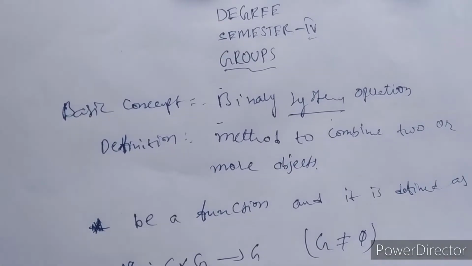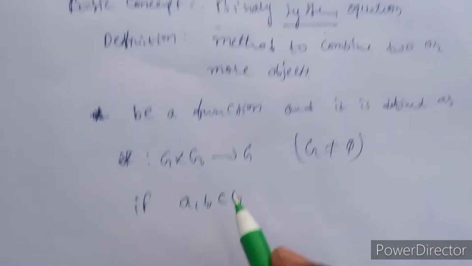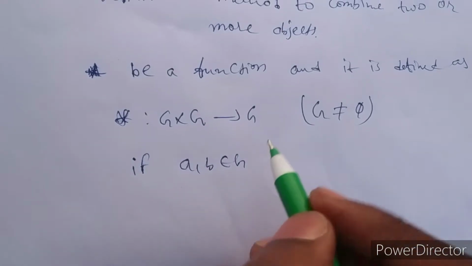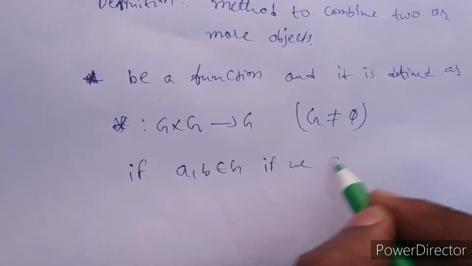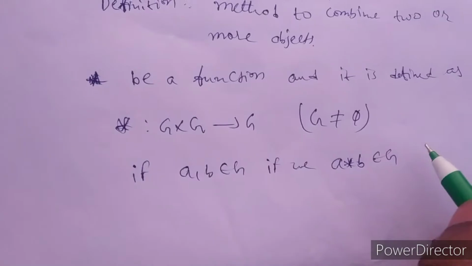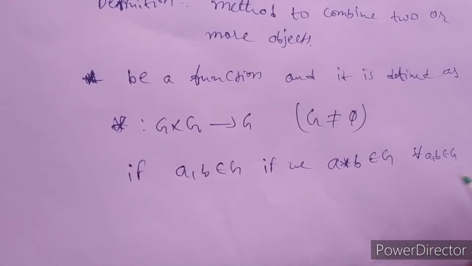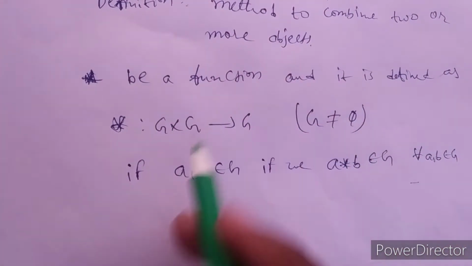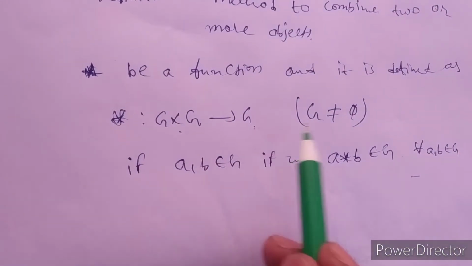If a, b belongs to G, and a star b belongs to G for all a, b belongs to G, then this is called a binary operation with respect to G. G is nothing but an indication of a group.